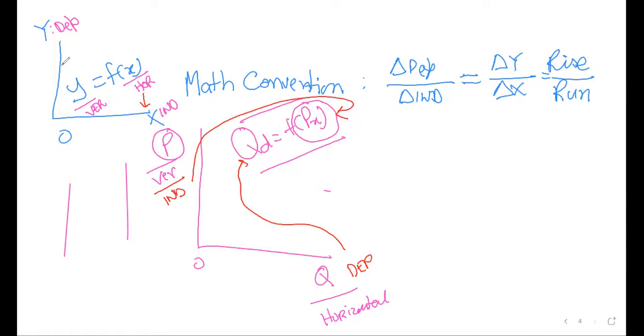In the mathematics convention, y is on the vertical axis. In the economics convention, where is quantity demanded? Isn't it on the horizontal axis? So in mathematics, independent is x. In economics, independent is on the y-axis. It just goes the opposite way.